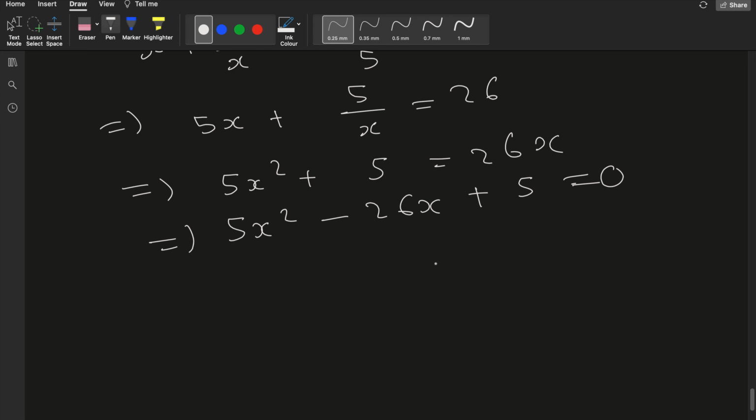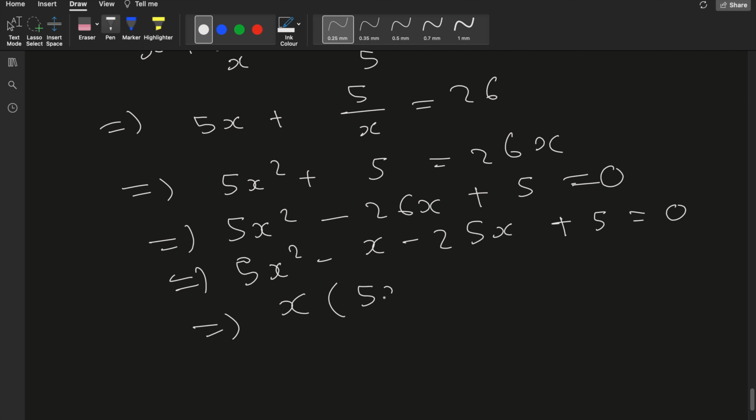Now I think the simplest method to solve this would be the third method, splitting the middle term, because we know 5 into 5 is 25. So minus 25 into minus 1 would be 25, and the sum would be minus 26. So it would be 5x squared minus x minus 25x plus 5 equals 0, which is x into 5x minus 1, minus 5 into x minus 1.